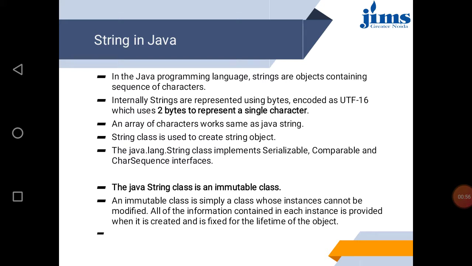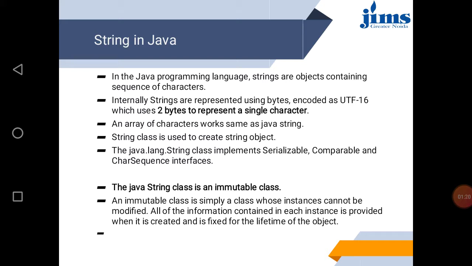The coding technique used to store any string is UTF-16, and to store one single character, we use 2 bytes in UTF-16. An array of characters works as a Java string.